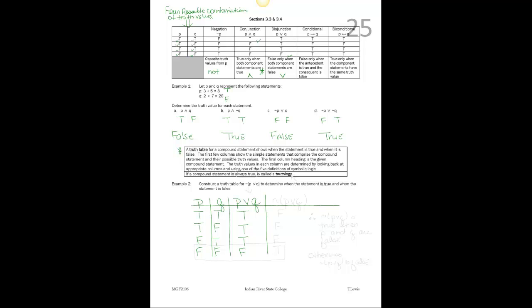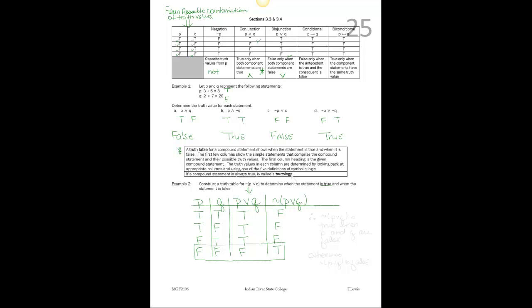Now, let's fill in the not P or Q. We look at the 3rd column and take the opposite. So we have false, false, false, and the opposite of false is true. The question says, determine when the statement is true.